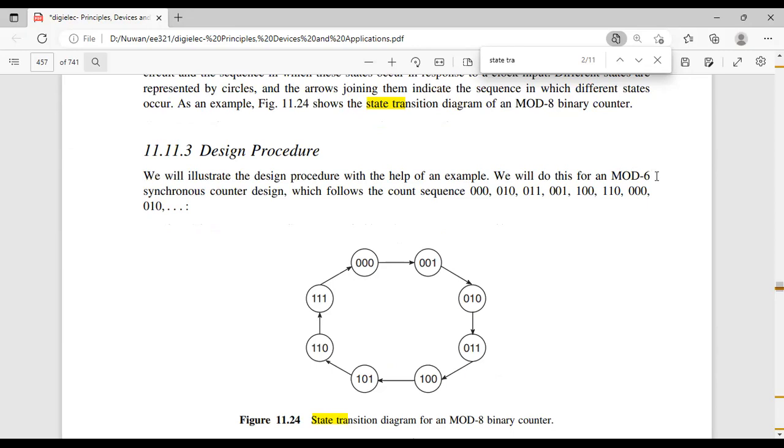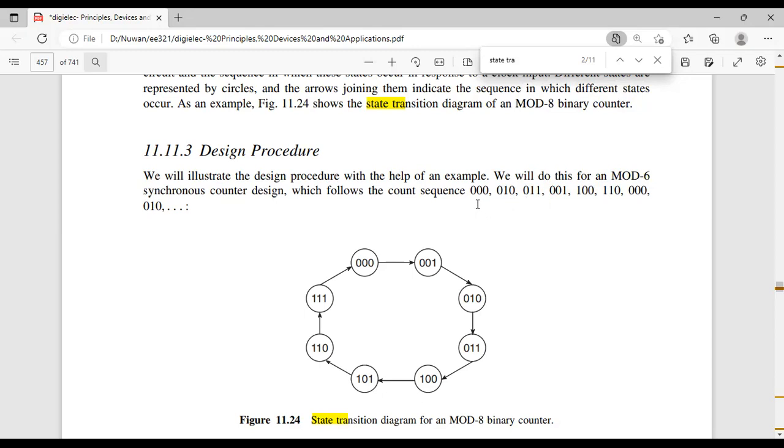Mode 6, that means only 6 numbers you are going to count. So this is the counting sequence: 0 0 0, 0 1 0, 0 1 1, 0 0 1, like this. Then again 0 0 0. So you have to count this sequence.